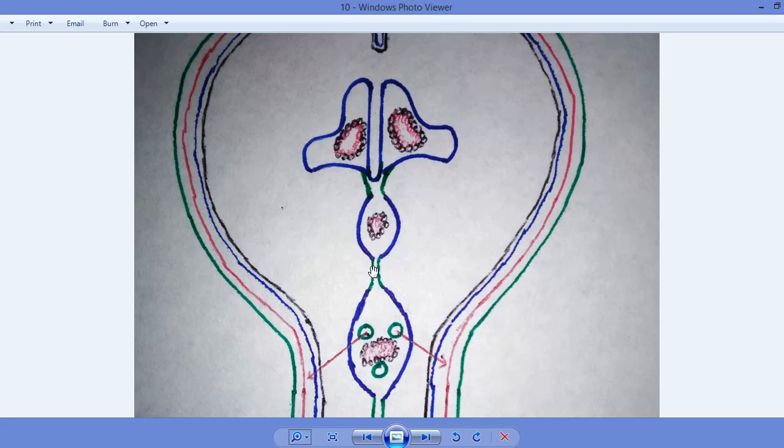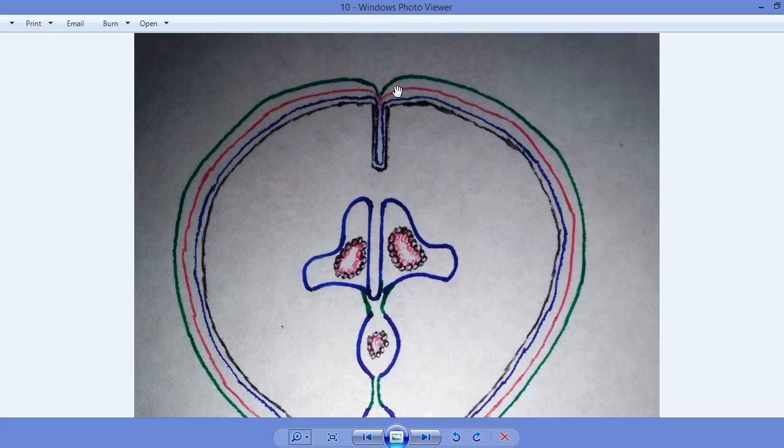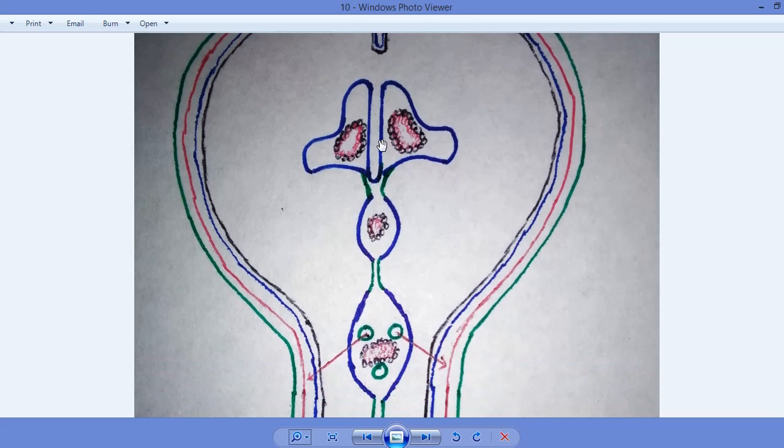From the ventricles, it goes to the subarachnoid space, and from the subarachnoid space it goes all around the brain and spinal cord, but it also goes over here in this area. This is a very important area for the cerebrospinal fluid. The formation occurs in the choroid plexus in these four ventricles, which are surrounded by ependymal cells with very tight junctions that only allow the cerebrospinal fluid to cross.